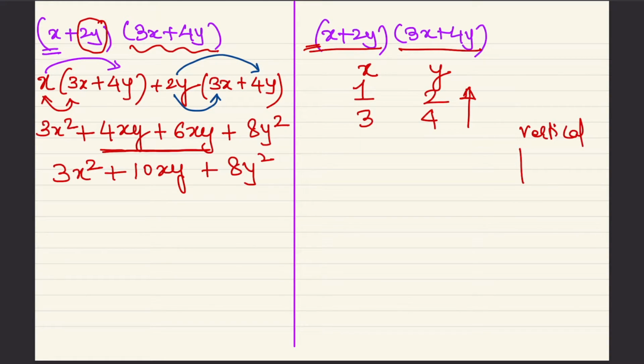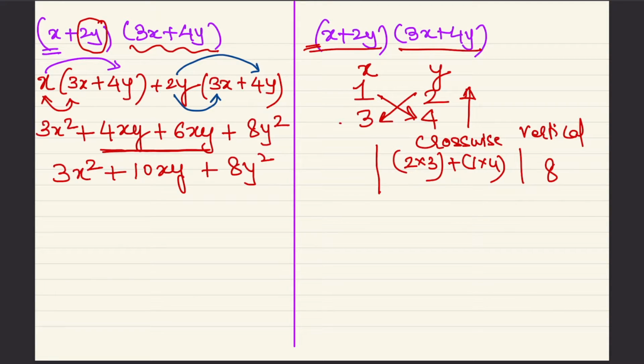It is 8. Then crosswise 1 into 4 and 2 into 3. I will write 2 into 3 plus 1 into 4 and this is crosswise, right? And then next is 3 into 1. This is again a vertical. So it is 3.